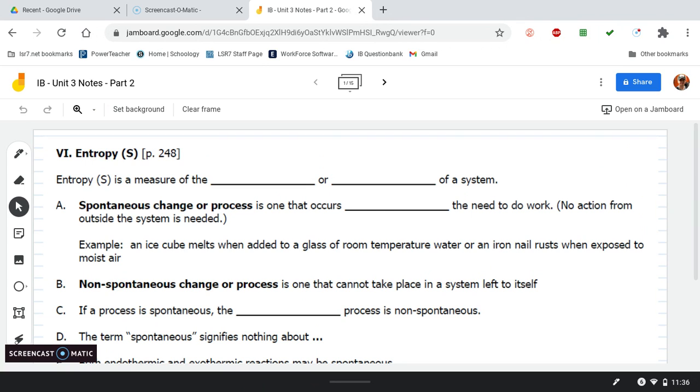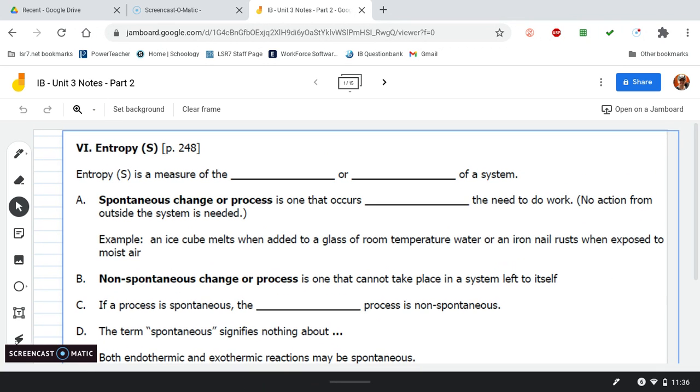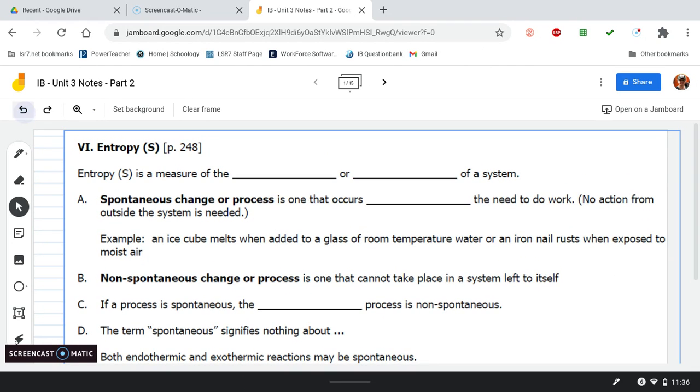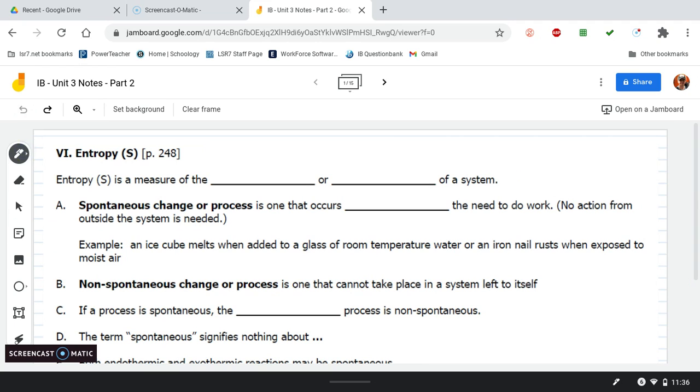We use an S as our abbreviation, so you're going to see things like S or delta S. Entropy, or S, is going to be a measure of disorder, or a measure of randomness.